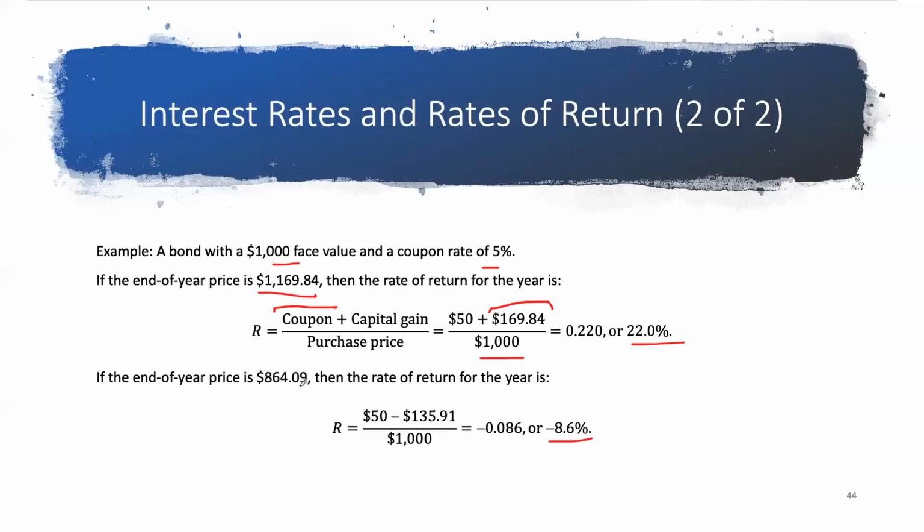Similarly, the price of the bond coming down suggests that there might have been a new bond issue where the interest rates on these newly issued bonds were higher, which means that the demand for older bonds went down and the price of the older bond also went down.